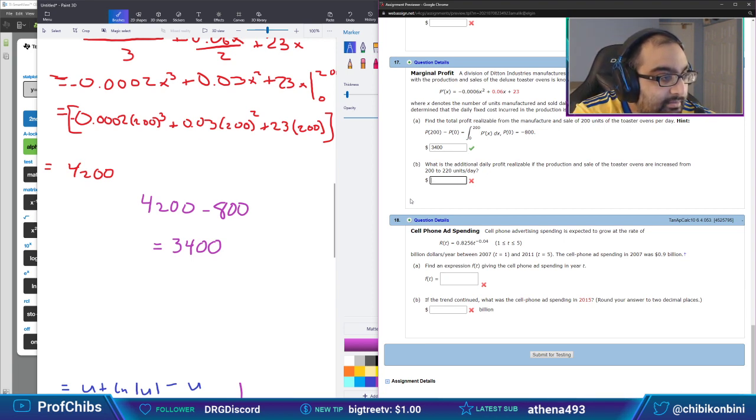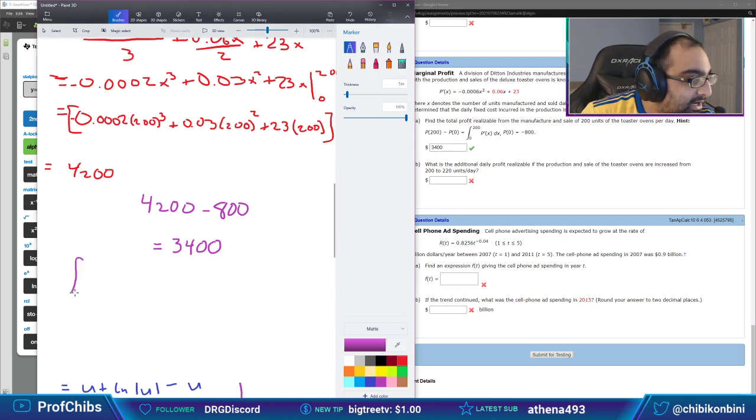So let's see what the additional daily profit realizable from that is going to be. You take the same integral here that we just found, and now we're just integrating it from 200 to 220. Okay. Because we just want the additional daily profit realizable. Not the total profit.